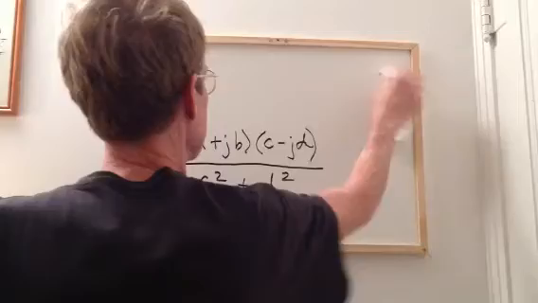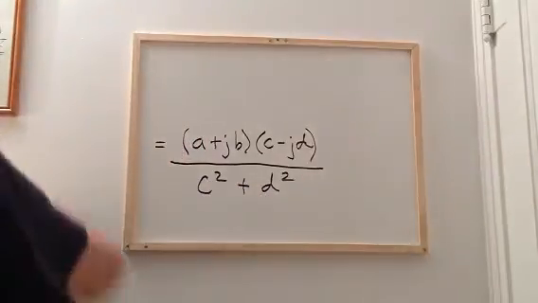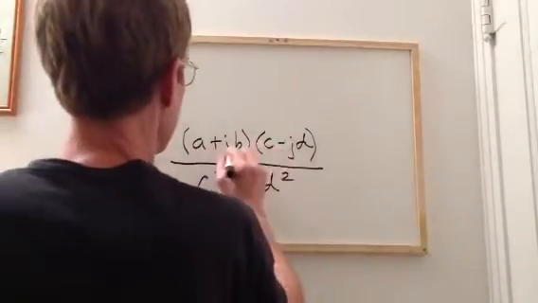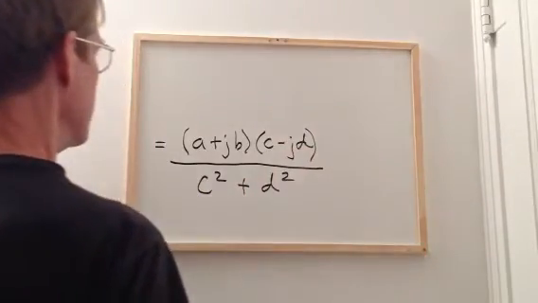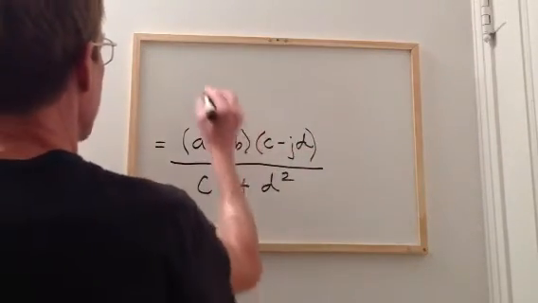Well, let's see what happens. When we multiply A plus JB times C minus JD, we get AC.